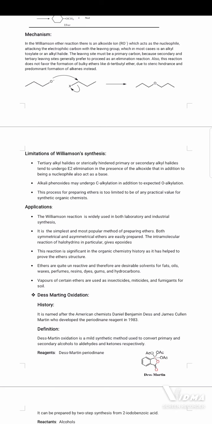The intramolecular reaction of halohydrins in particular gives epoxides. Ethers are quite unreactive and therefore are desirable solvents for fats, oils, waxes, perfumes, resins, dyes, gums, and hydrocarbons. And vapors of certain ethers are used as insecticides, miticides, and fungicides for soil.